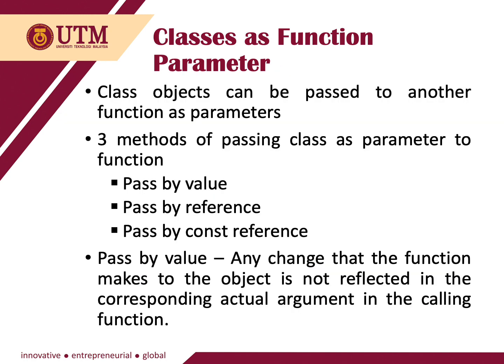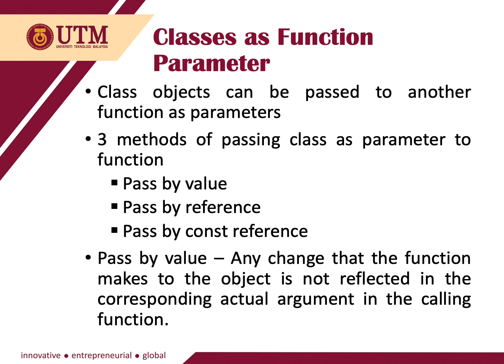Okay, and then we also can have classes as function parameter. Class objects can be passed to another function as parameters. So basically, there are three methods of passing class as parameter to function. The first one is pass by value, the second one is pass by reference, and the third one is pass by constant reference.